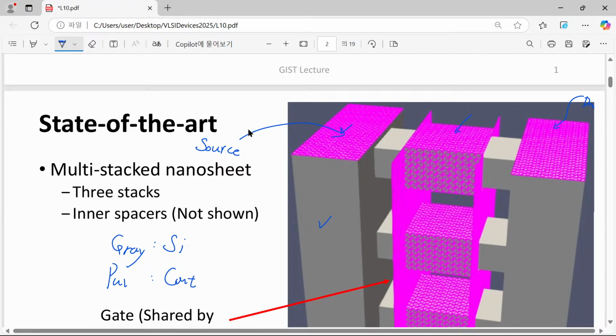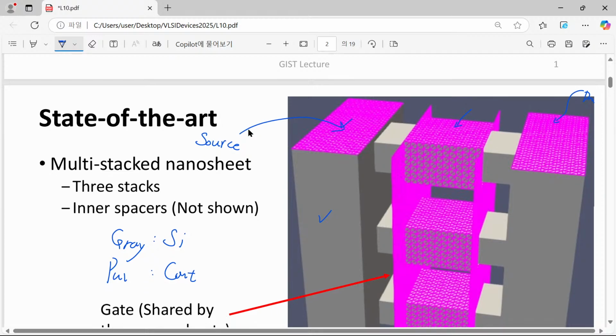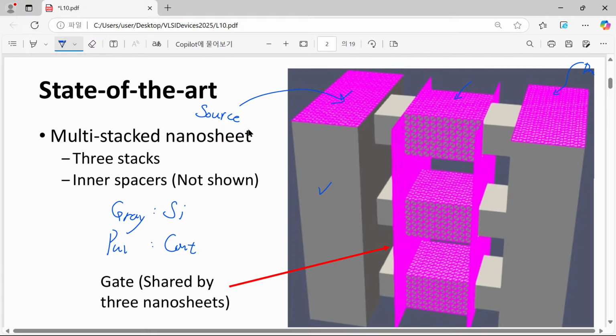And here you can see there is another one which covers several silicon pieces. How many silicon pieces can you find? There are 1, 2, and 3 silicon pieces, and these are surrounded by this metal line.